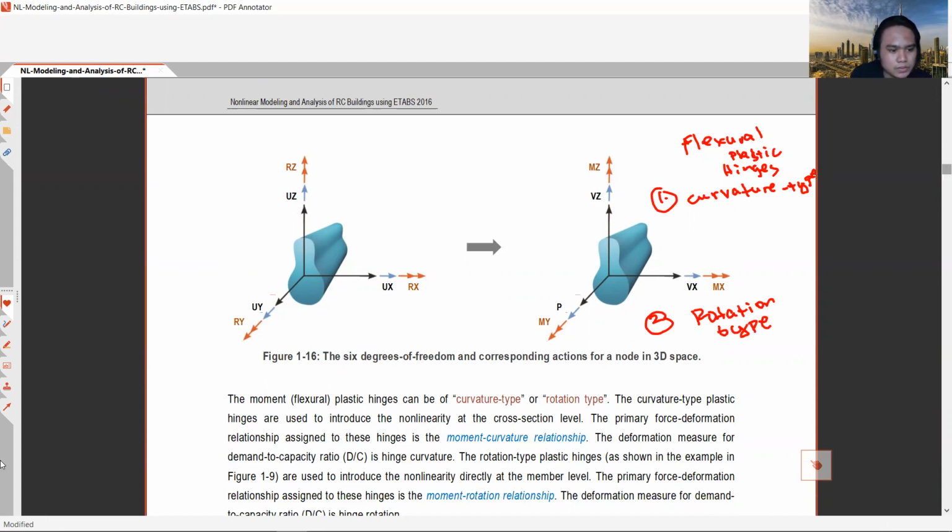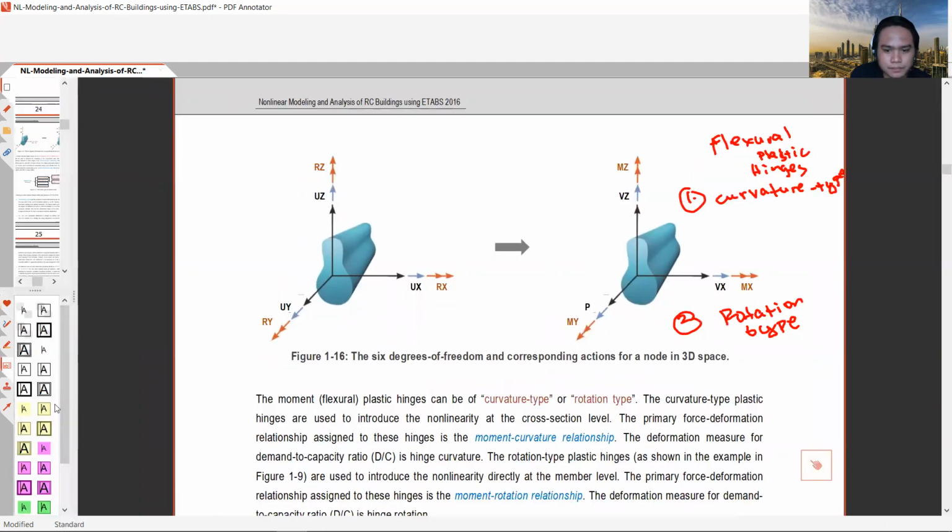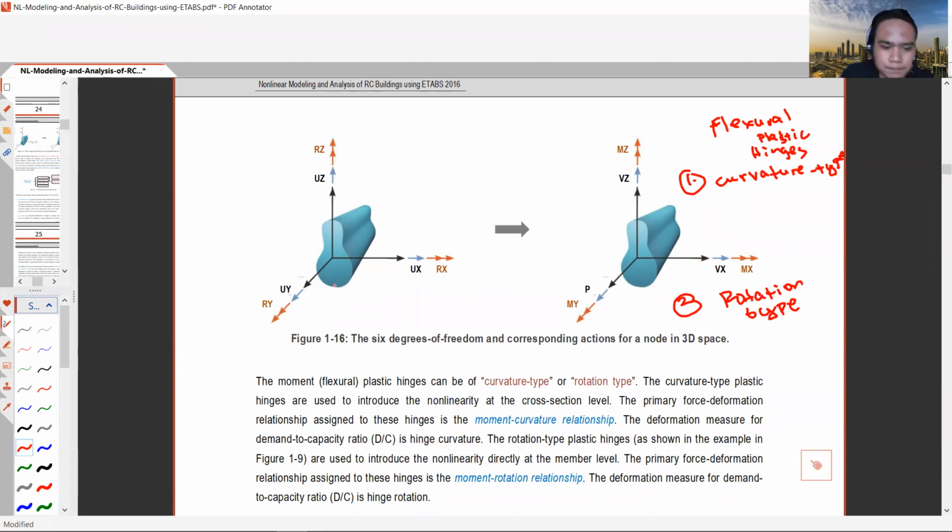So for the curvature type, it says the curvature type plastic hinges are used to introduce the nonlinearity at the cross-sectional level. The primary force deformation relationship assigned to these hinges is called the moment curvature relationship.